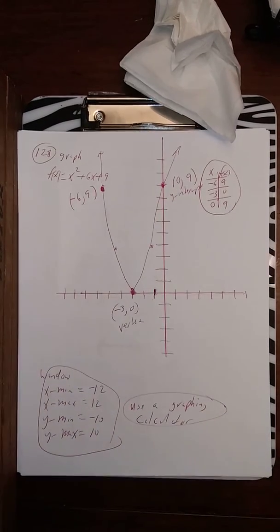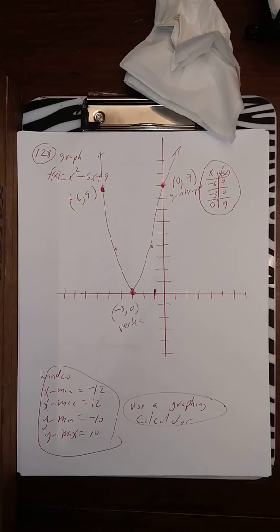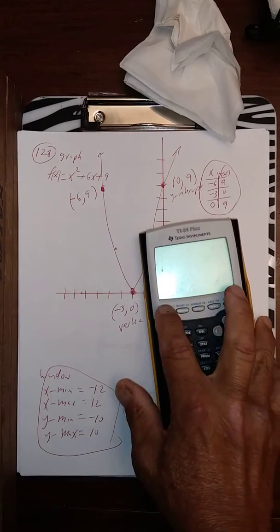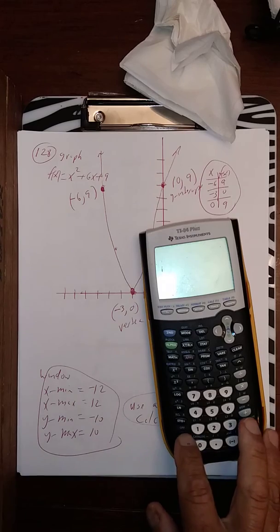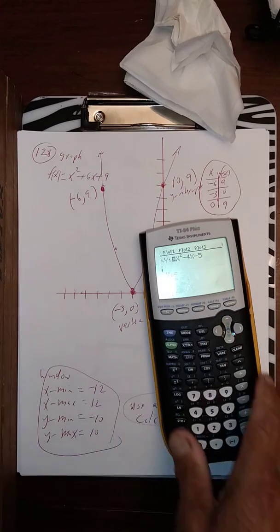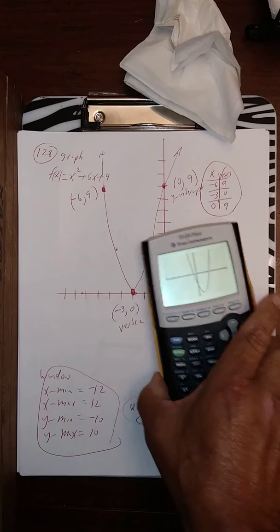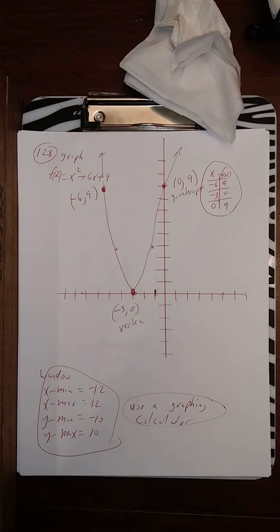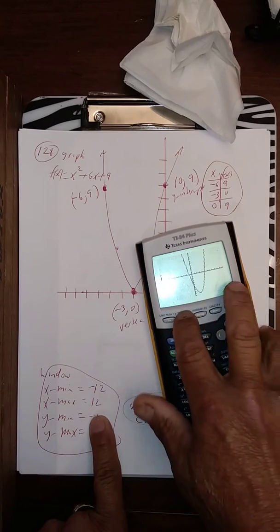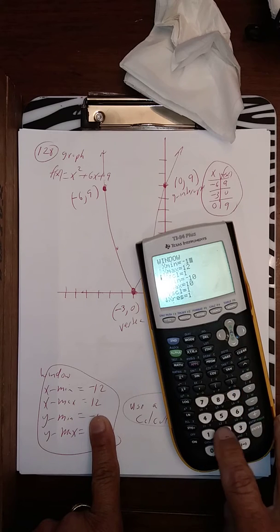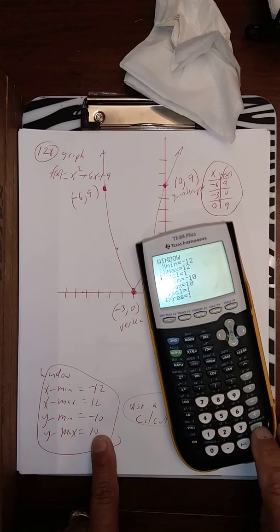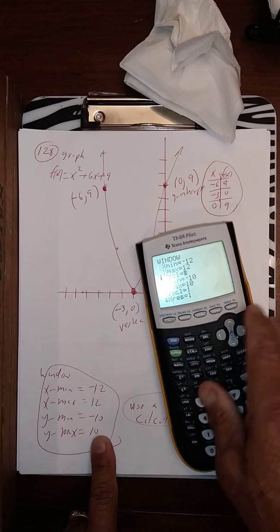Alright, so we got the graphs. And yep, we're good. So now, the new graph, windows. Windows are negative 12, 12, negative 10, 10, that's okay.